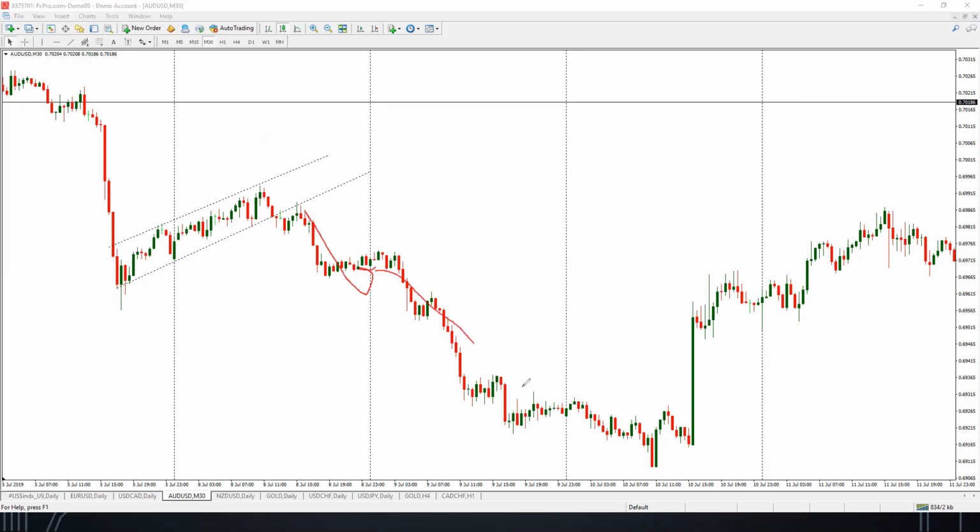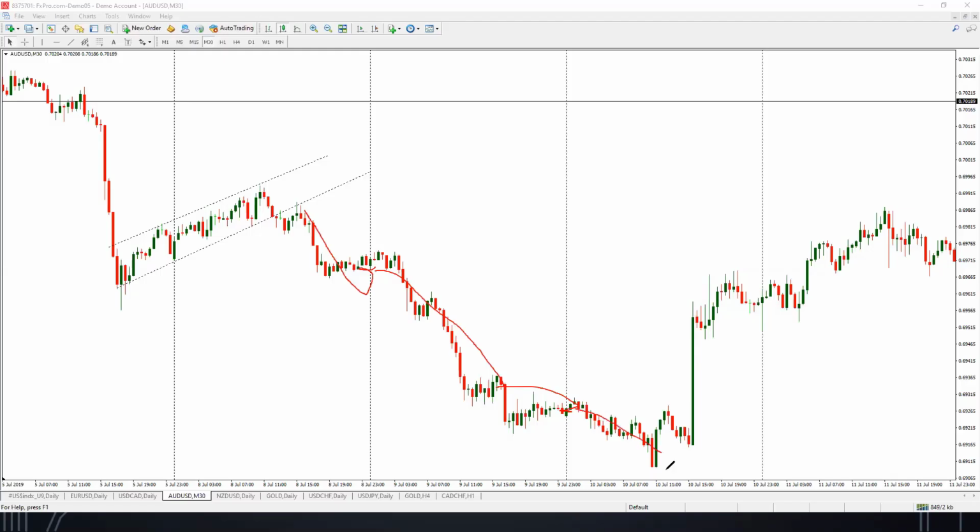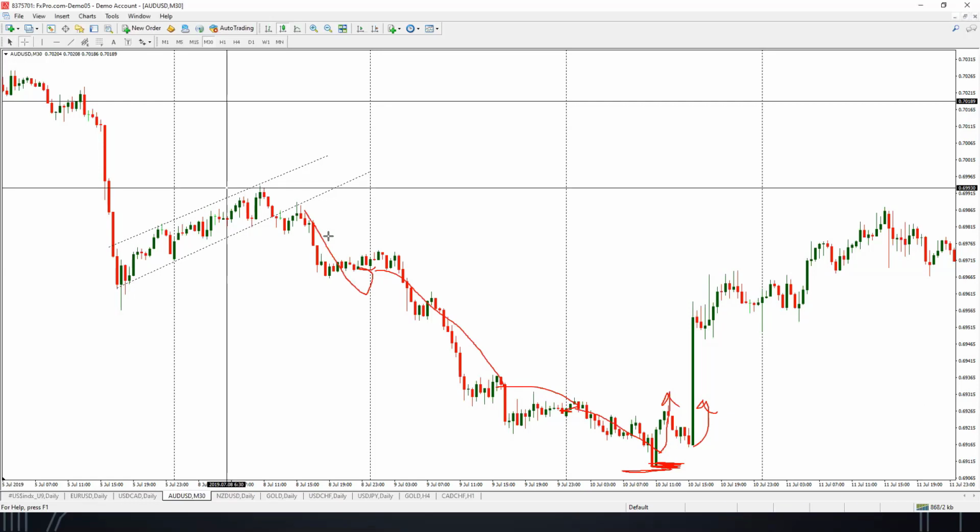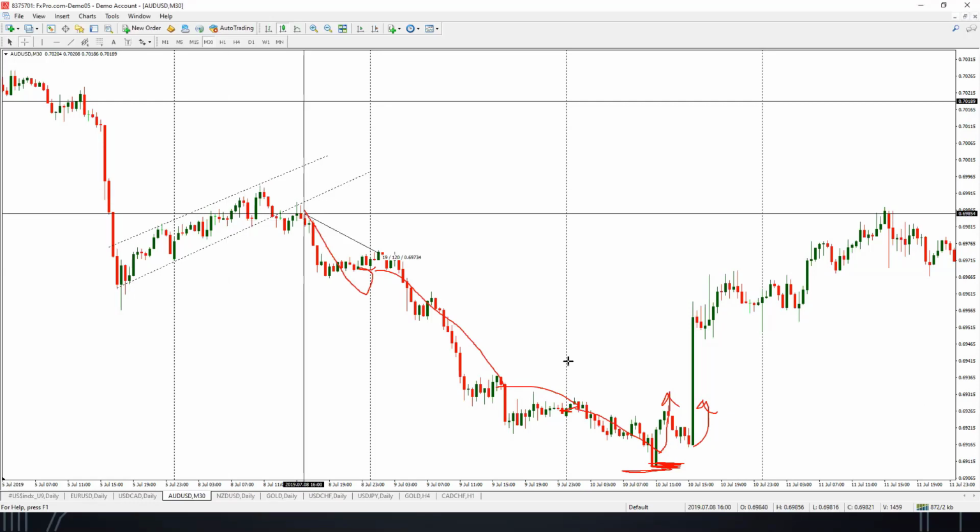Tuesday, it was continuation up until Wednesday. You see now how market reacted here. That's your trigger to exit the position, the moment you see strong moves to the upside.